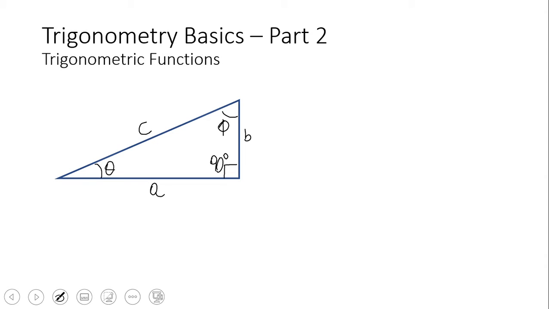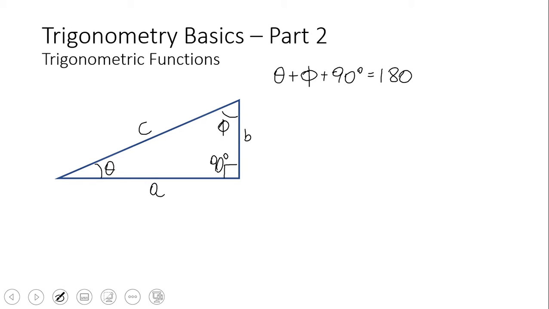And because the sum of the angles inside of a triangle is 180 degrees, we can write the following. We can say that theta plus phi plus 90 degrees is equal to 180.